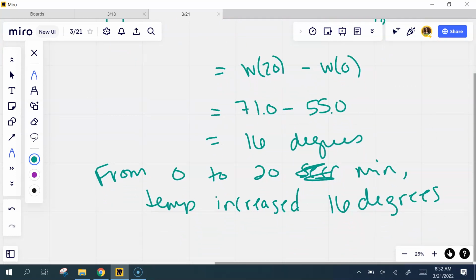You get 1 point for the value and 1 point for interpretation with units. Did you have both those? Yeah. You have to say the water has warmed by 16 degrees over the interval from t equals 0 to t equals 20 minutes.